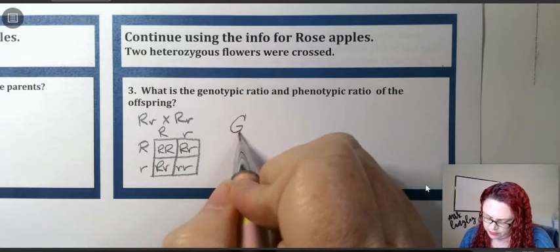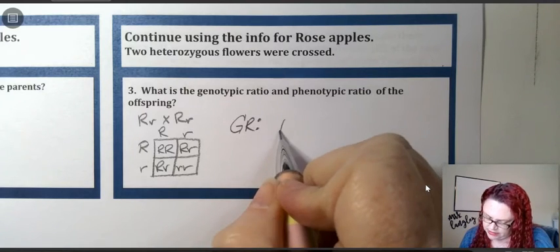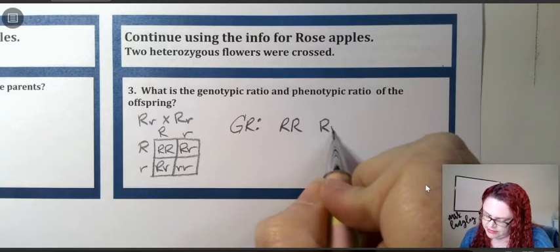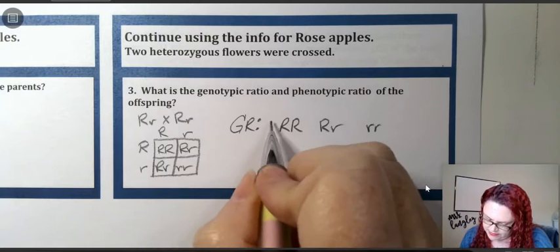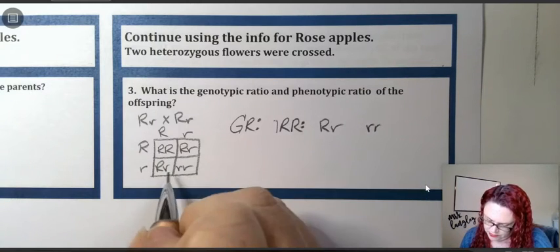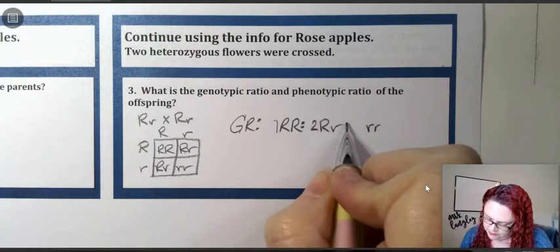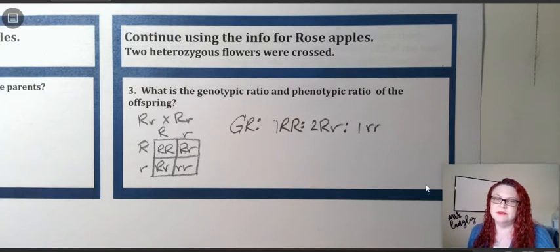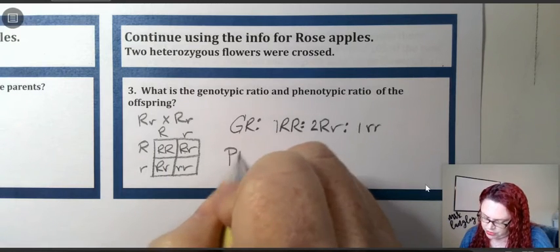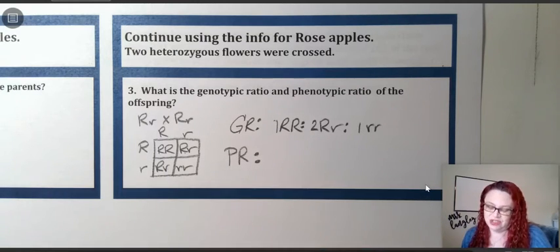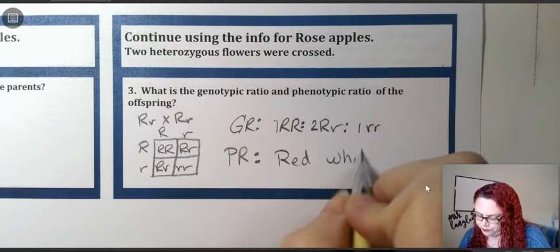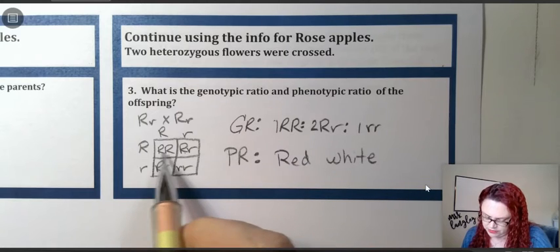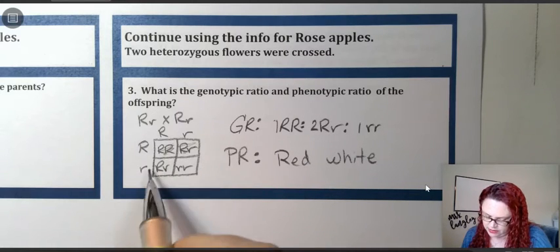So now my genotypic ratio and my phenotypic ratio. My genotypic ratio, well, I know I had these, or these. And if I look here, 1 box is like this, 2 boxes like that, 1 box like that. Now for my phenotypic ratio, that's the physical characteristics. So that was either red or white. Well, I know that this one's going to be red, this one's going to be red, this one's going to be red.